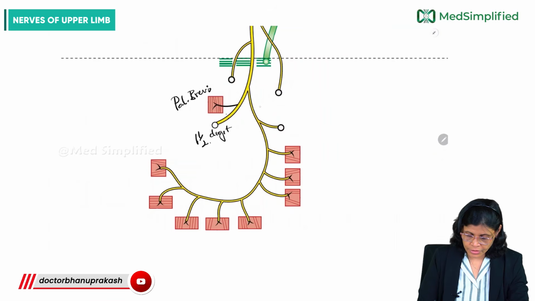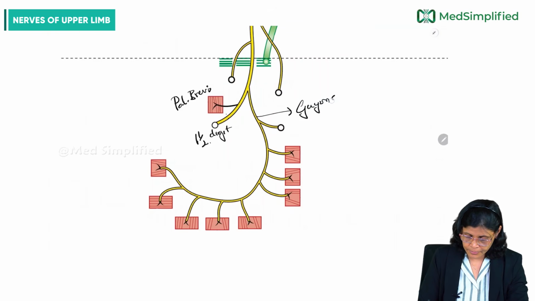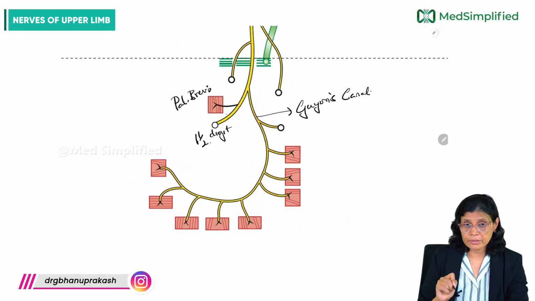The deep branch passes through the Guyon's canal. Remember that. Whereas the ulnar nerve as such passes through the ulnar tunnel.